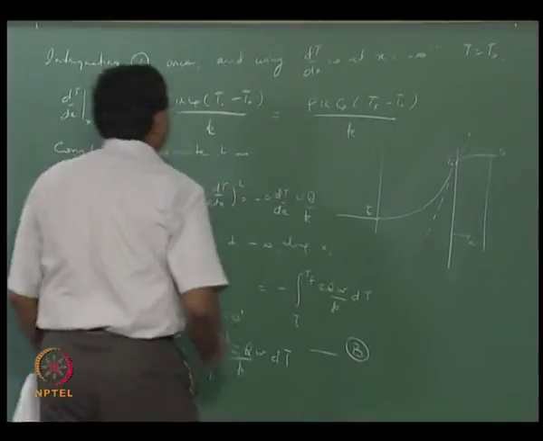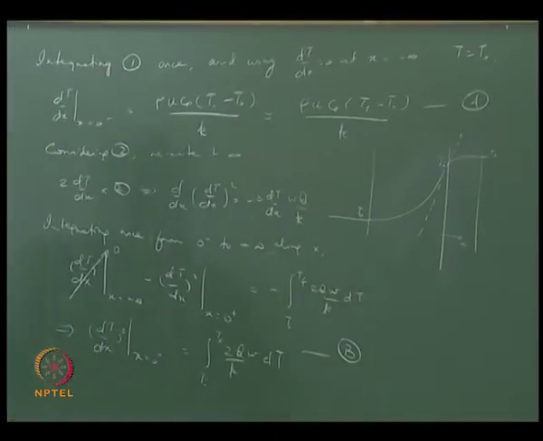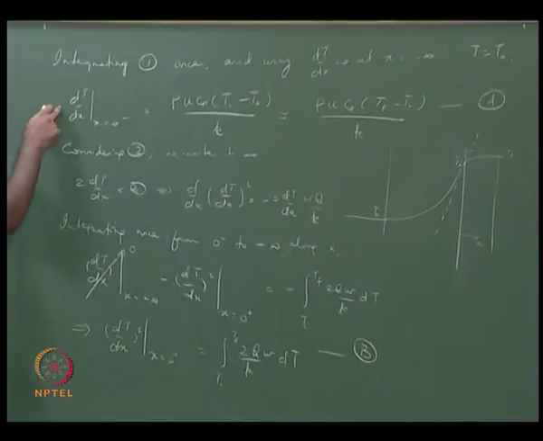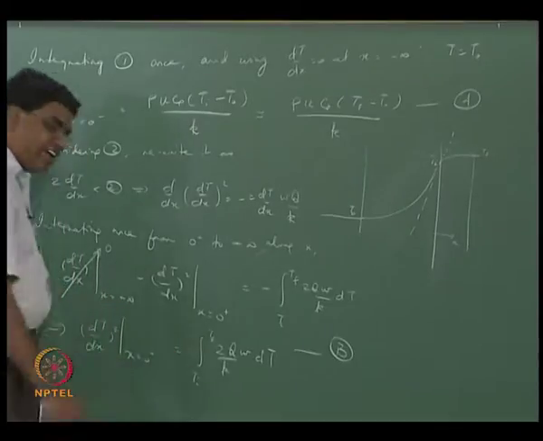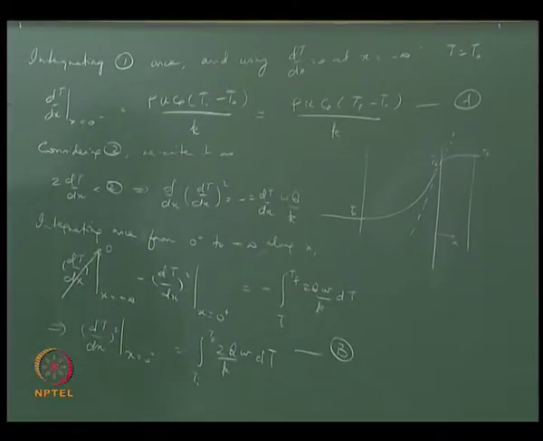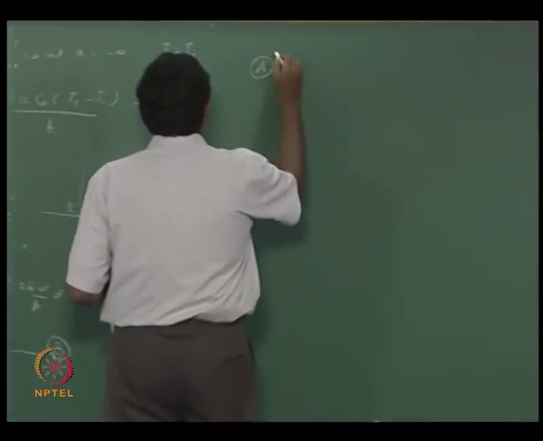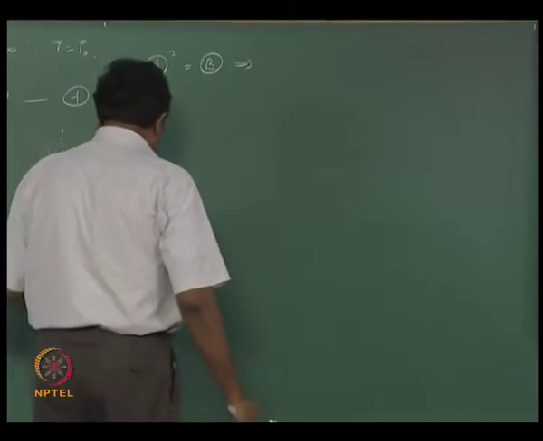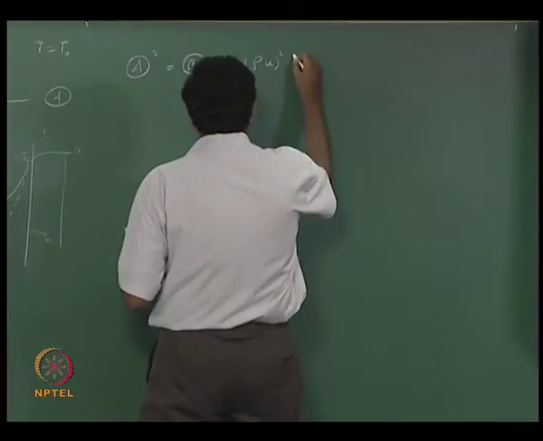So let's call this B versus let's call that capital A. And we now want to equate A and B, except A is actually the derivative at x equals 0 minus, whereas B is the square of the derivative at x equals 0 plus, so we have to equate this with the square of that. Okay, so A squared equals B implies we now say (rho u) the whole squared Cp squared.